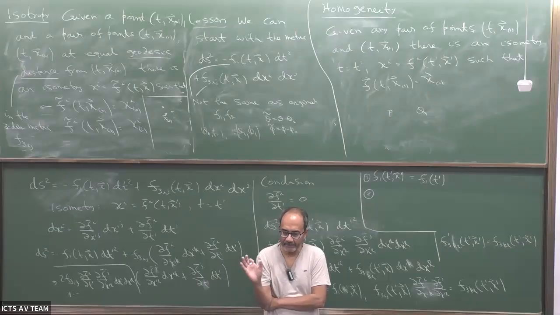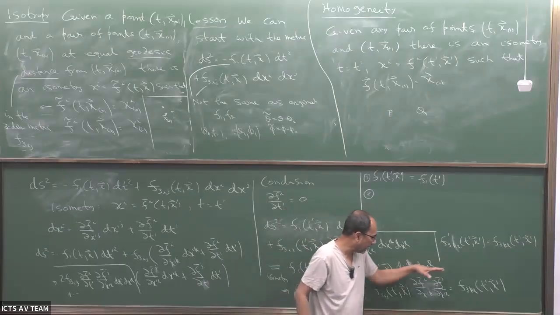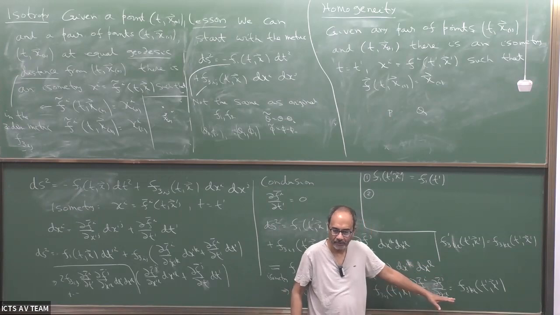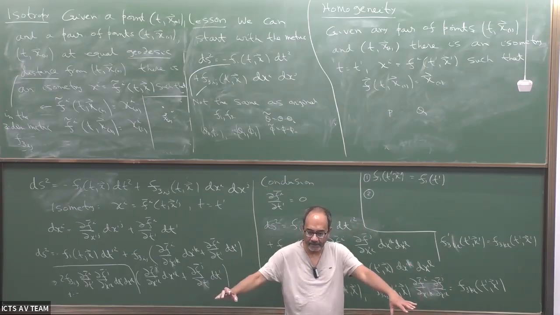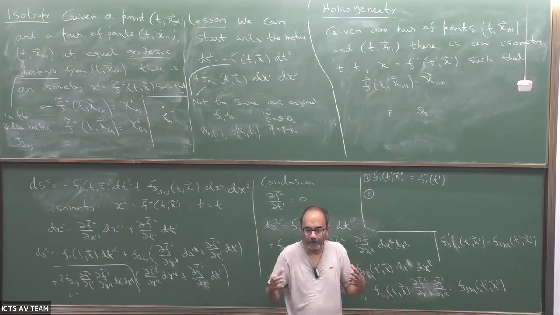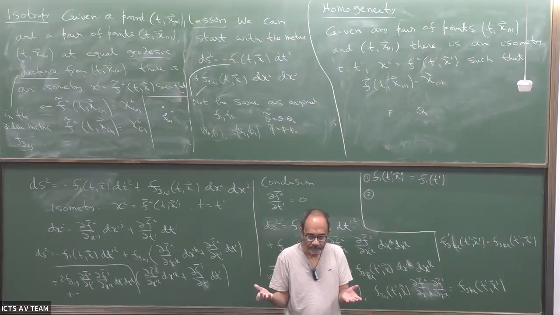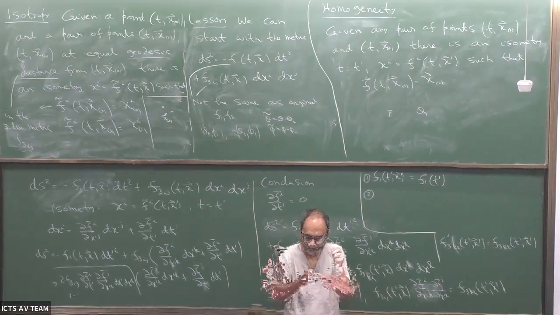Once they become independent of time, these transformations are as if we are making a general coordinate transformation in 3 dimensions. Now you forget about time altogether and just think of this as a 3-dimensional metric, and it's giving some property of this 3-dimensional metric. So what are those properties? It is telling us that there is a set of isometries that implement homogeneity in this 3-dimensional space, that given any 2 points, there is an isometry that relates the two.